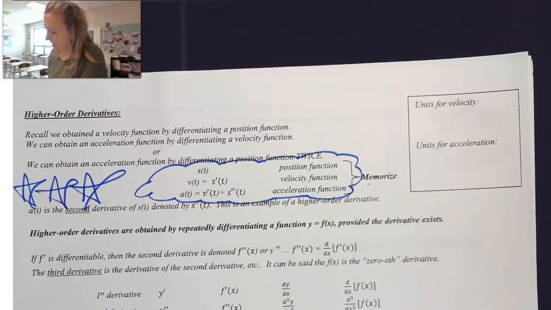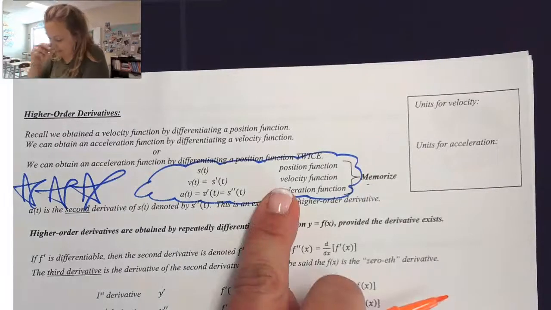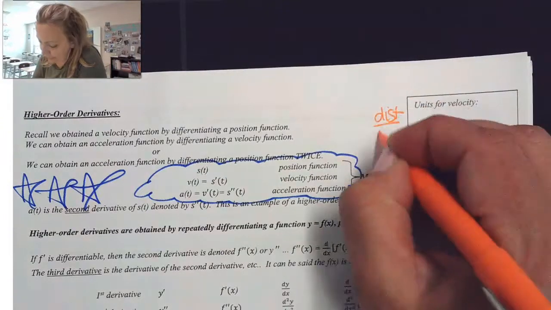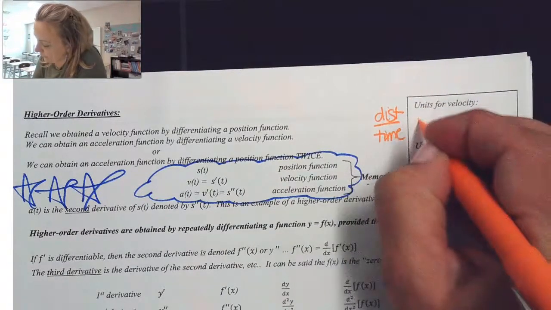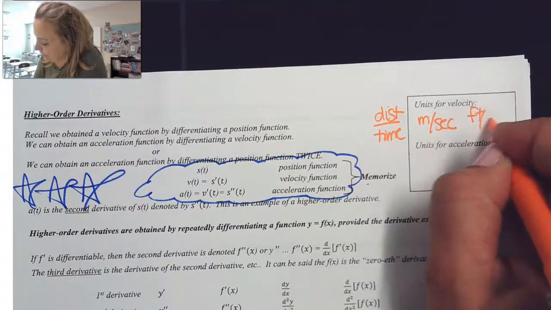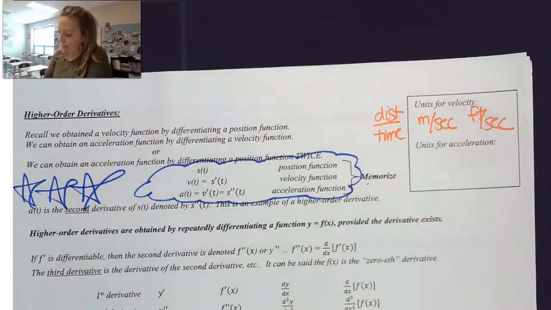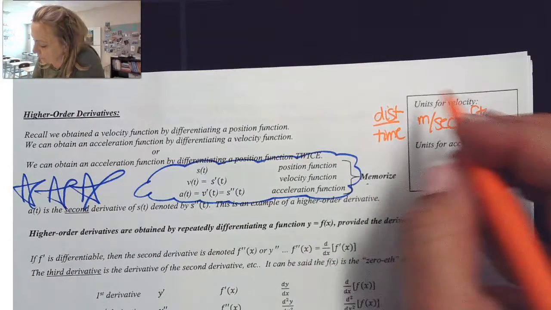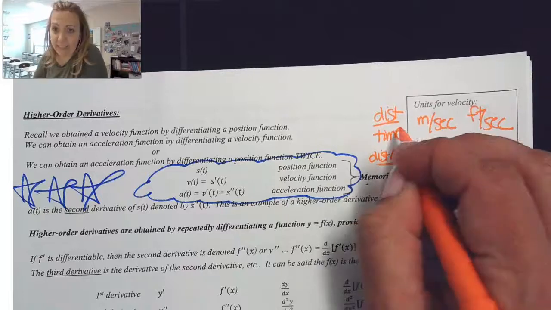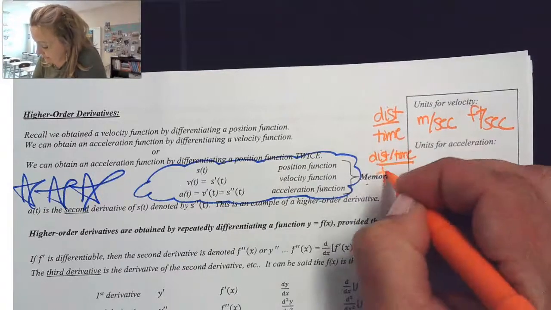So just kind of to review, since we're talking about this, units for velocity. Velocity is distance over time. So the units for velocity that we'll see are things like meters per second or feet per second. But acceleration is the velocity divided by time.